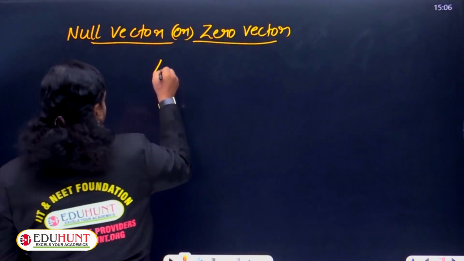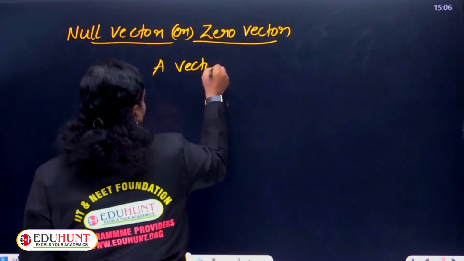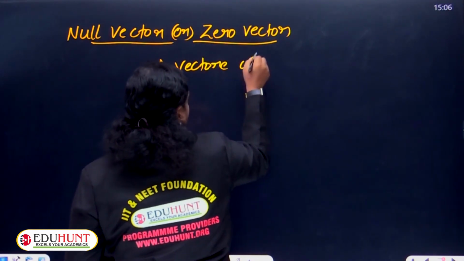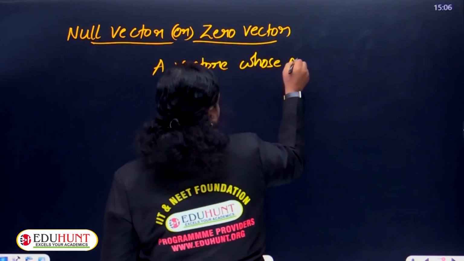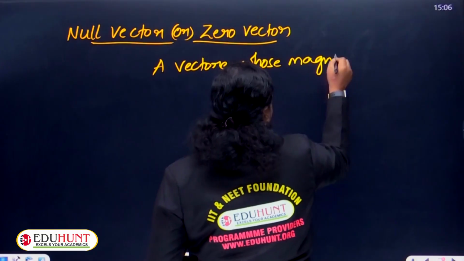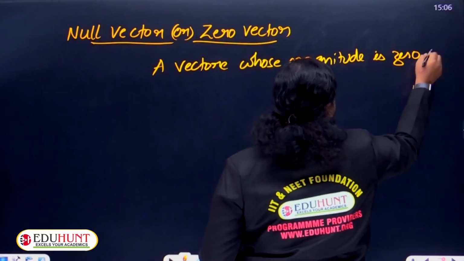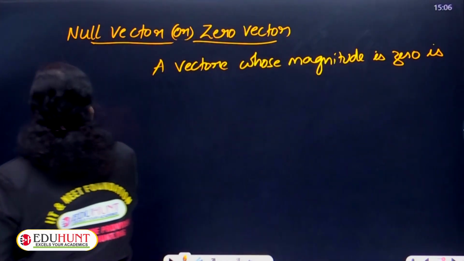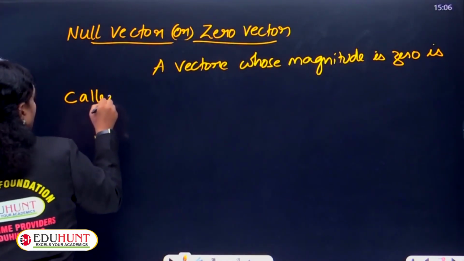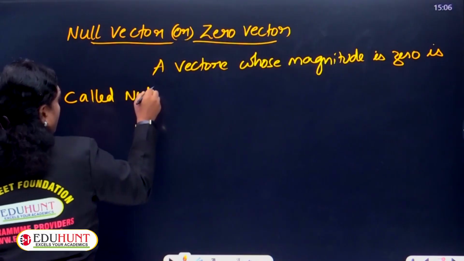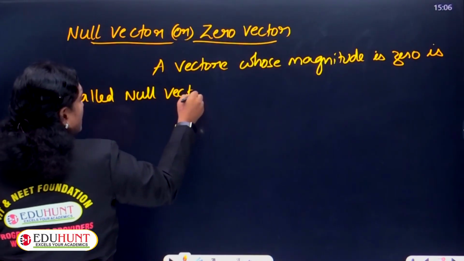I repeat, a vector whose magnitude is 0 is called a null vector. Are you getting me, children?